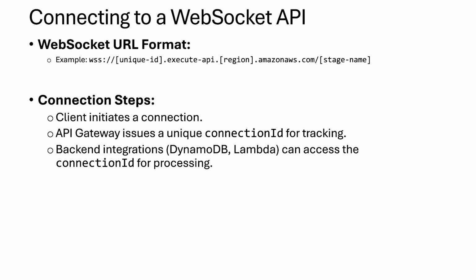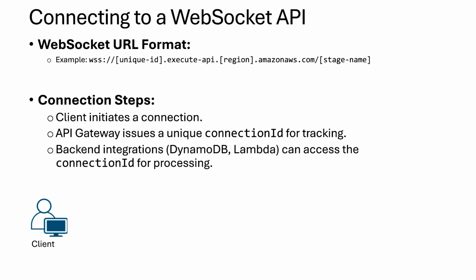Obviously, when you open your chat, that's where the initiation happens. Once it happens, a unique connection ID is created and stored for tracking the entire communication. With respect to AWS, we will use backend integrations like DynamoDB and Lambda, which can access this connection ID and process your requests.